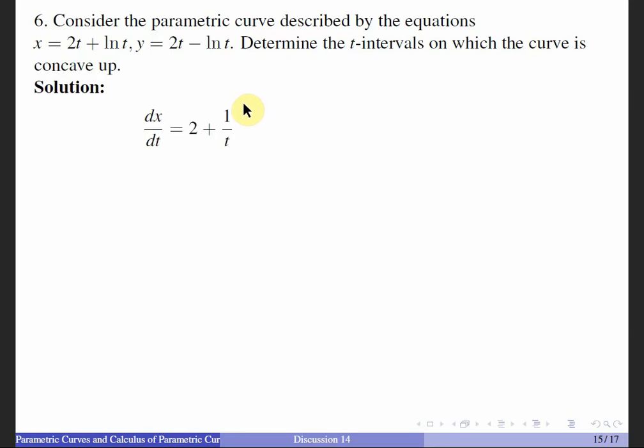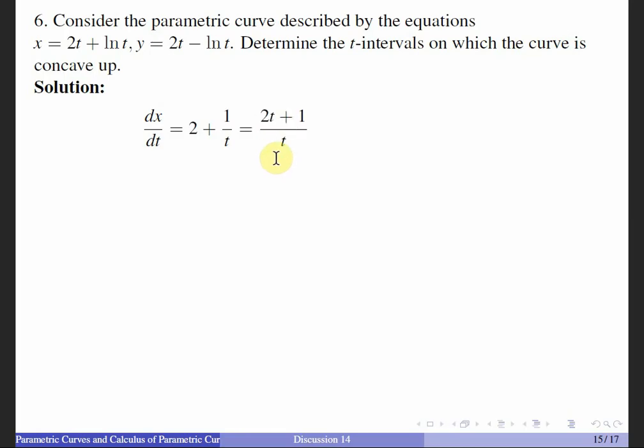Again, since we're dealing with concave up, we're dealing with the second derivative, so at least first look at the derivatives. dx over dt is 2 plus 1 over t. And then again, let's look at the values of t where dx over dt is equal to 0.